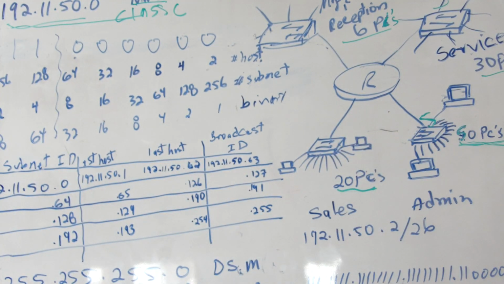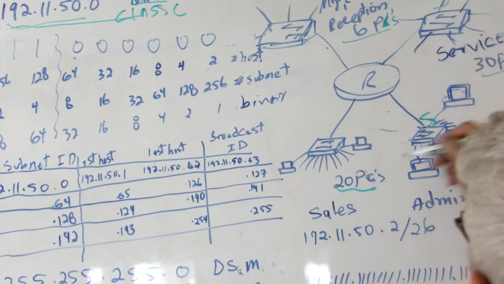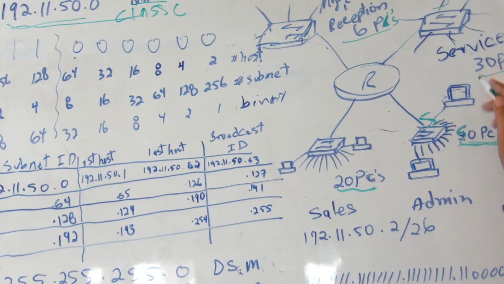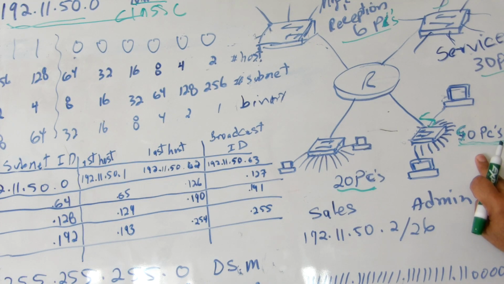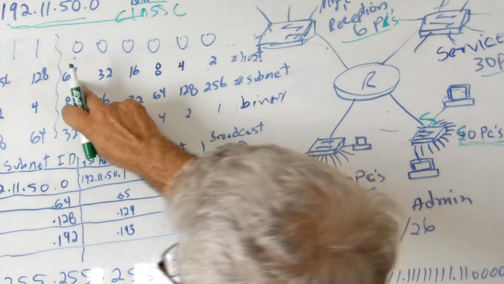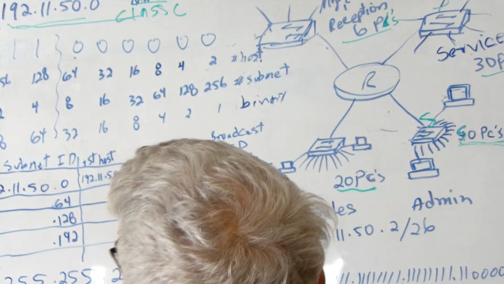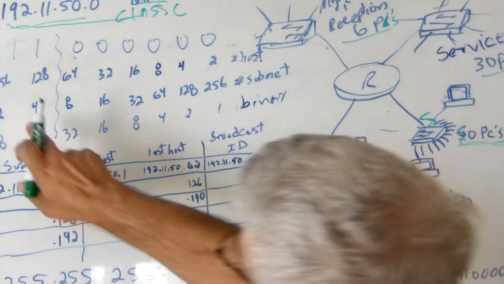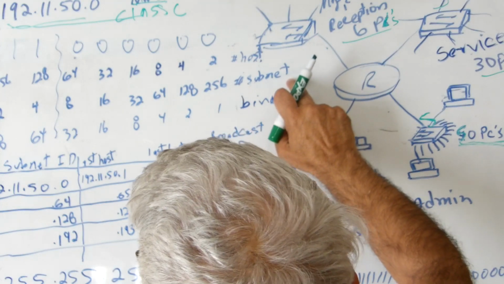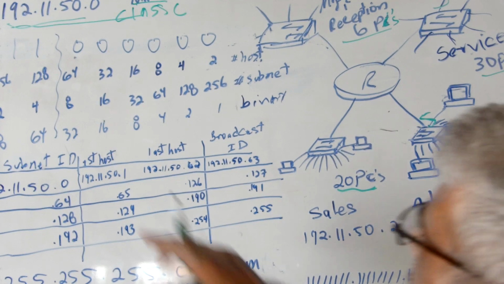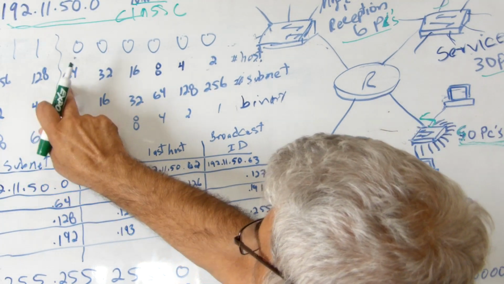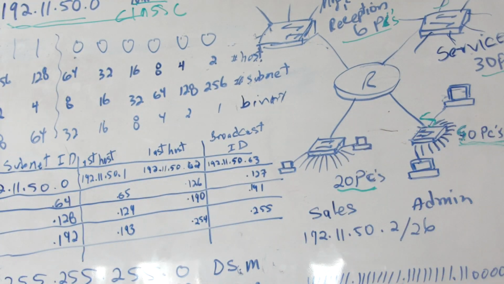It tells you, hey, we need 4 subnets. There are 4 different departments, and you see the maximum number of hosts is in the Department of Administration. So you have to have 64 hosts here. You want 4 subnet IDs and 64 in each subnet. If you multiply 4 by 64, you get 256.